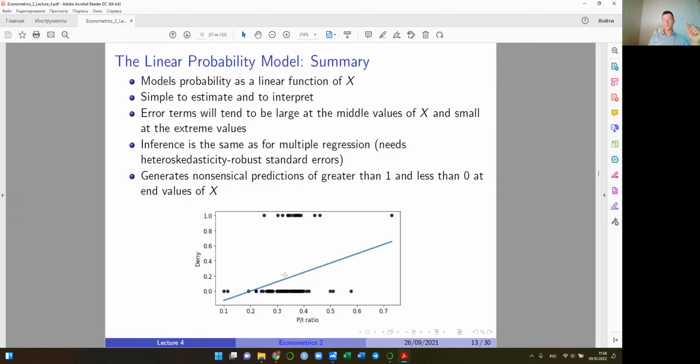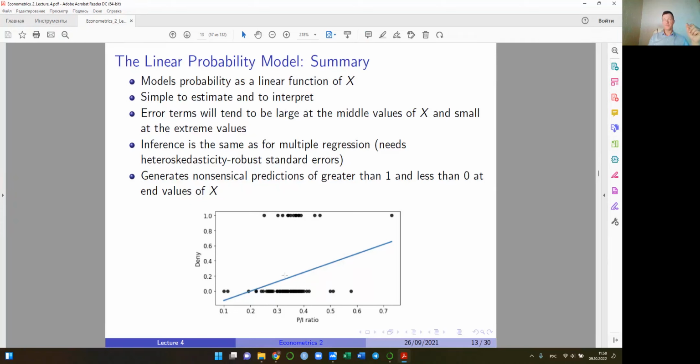If you think about the appropriate functional forms for this relationship, you might immediately recall an object which is appropriate for this case. So which function takes values between 0 and 1? Well, we know from the probability course that this is a cumulative distribution function.